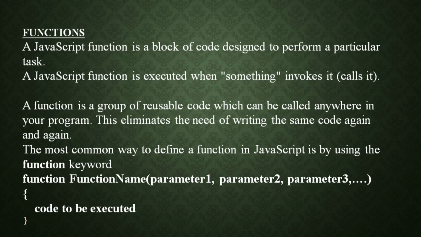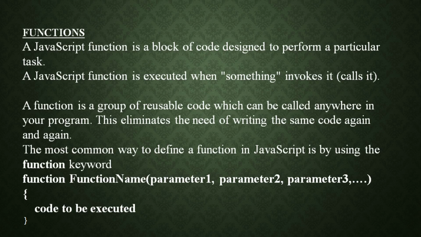Before we use a function, we need to define it. How do we define it? The most common way to define a function in JavaScript is by using the function keyword, followed by a unique function name, a list of parameters, and a statement block surrounded by curly braces.